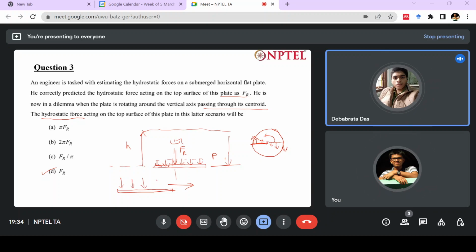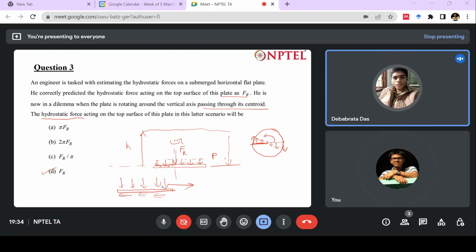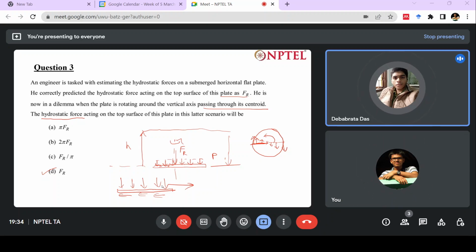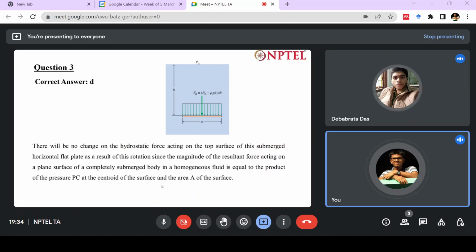Along with that, there will also be tangential stresses acting on this plate. So there will be a resultant force which is not solely due to pressure. There are tangential components as well. So this is the explanation that is given here. So there will be no change in hydrostatic force on this.